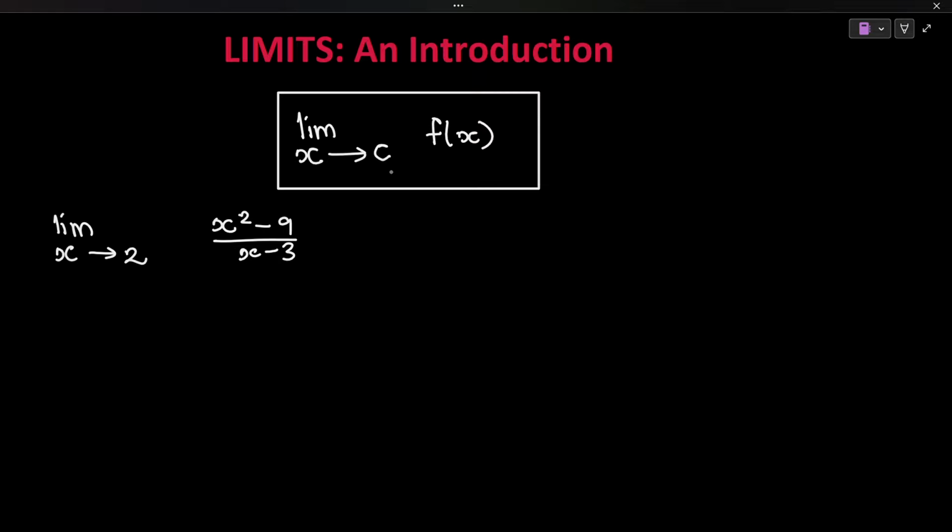So we're going to substitute x values into this function, and we'll look at what happens to the y values as our x values approach 2. Okay, let's say that we've got x values on the left-hand side and we have our function on the right-hand side.